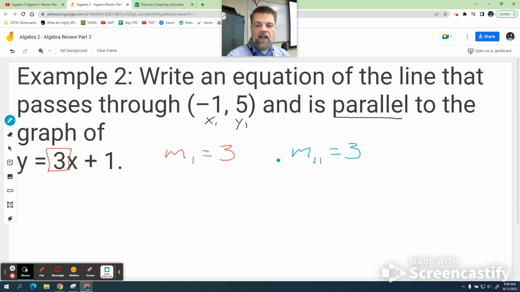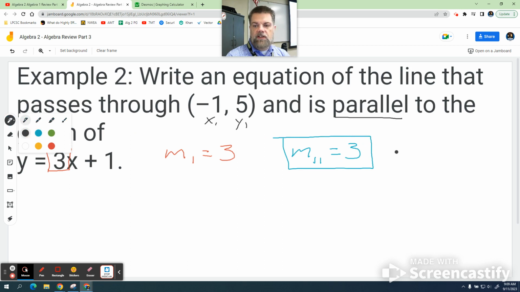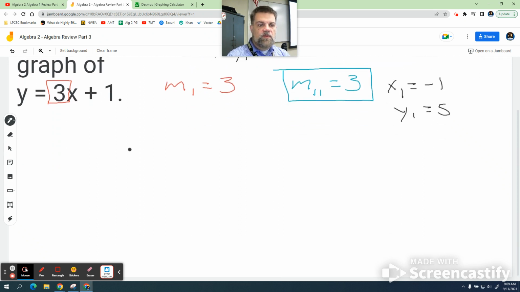Well, remember, if I have a slope, which I do, and an x1, y1, which we'll write down over here, x1 is equal to -1, y1 is equal to 5, then I can use the point slope form to write an equation of a line.